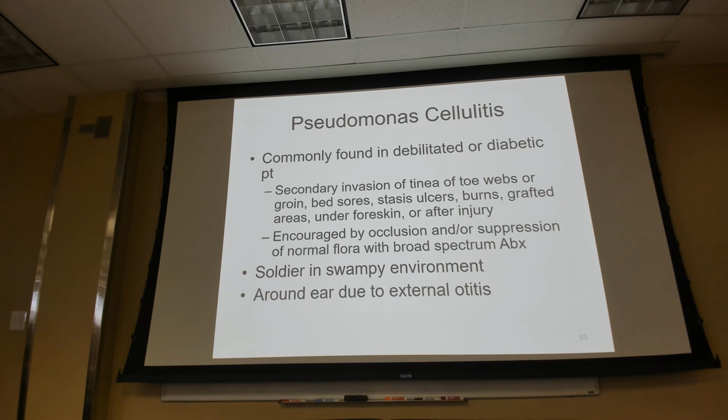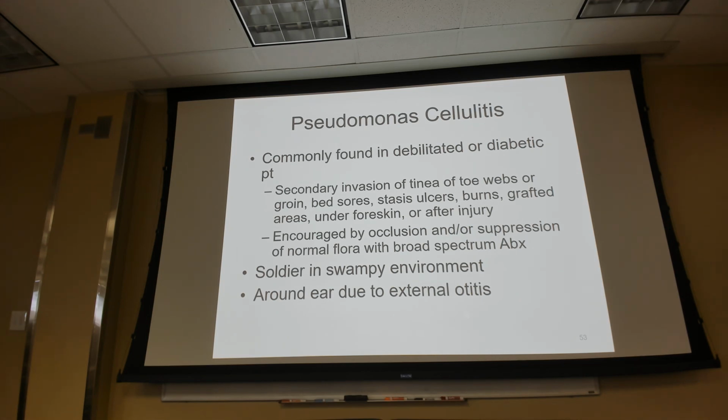So that's the legs with ulcers, burns, grafted areas, under the foreskin if they're not circumcised, and after injury. We will want to have them occlude the cellulitis, and we want to do some broad spectrum antibiotics. Soldier in swampy environment. I didn't write that, he wrote it, so I didn't put airman, okay? So we're good.